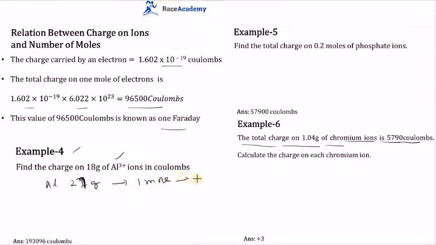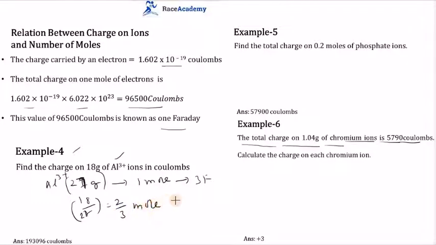And that 1 mole is said to carry 3 Faradays. But coming to the point, 18 grams is what? 18 grams means how many moles? 18 by 27. So it will come 2 by 3 moles.